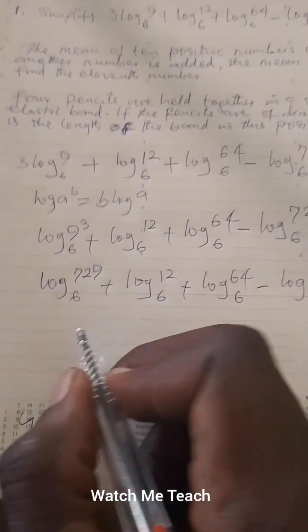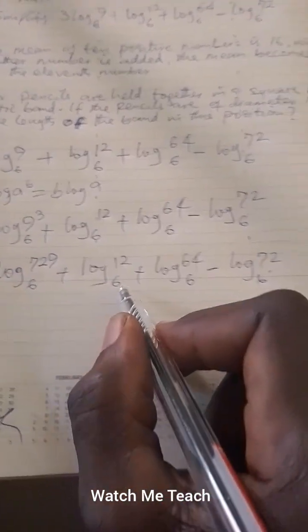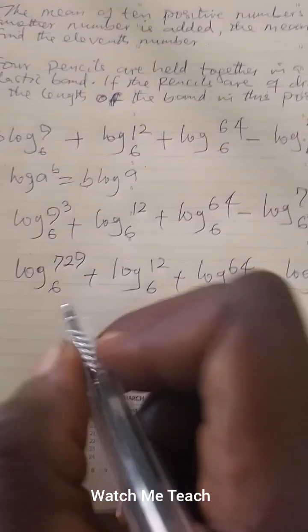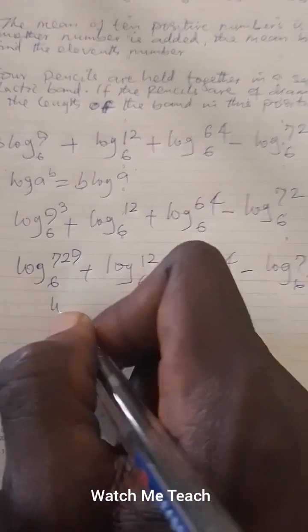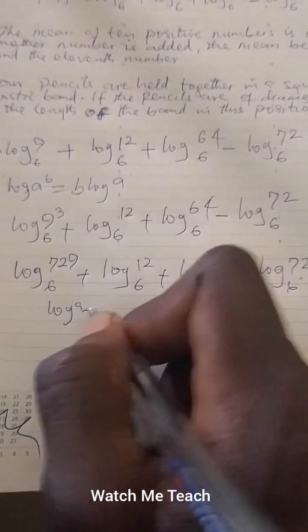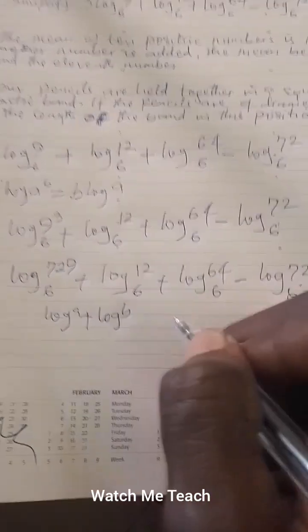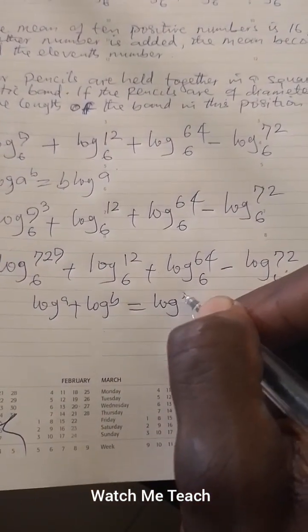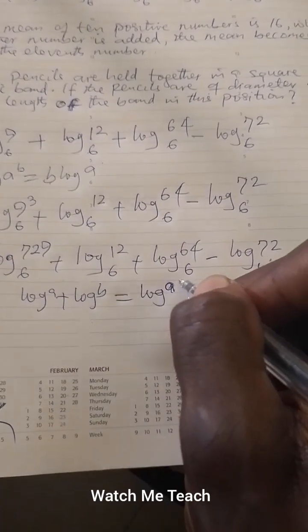So what we are going to do here is, since everything has base 6, if we go by the rules of logarithm, we have log A plus log B normally is equal to log AB.